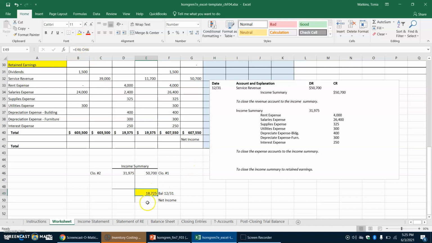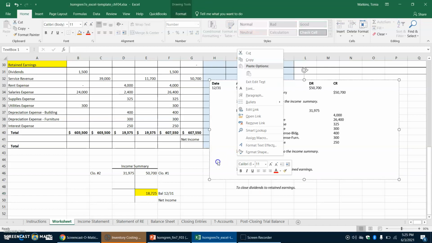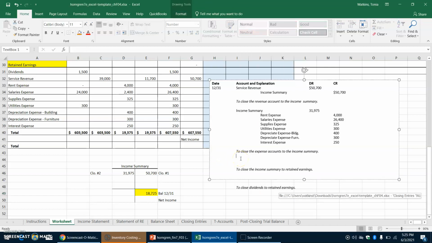So notice it has a credit balance, and our step 3 in the closing process is to close that account, to close income summary to retained earnings. So that's what we're going to do in this next step, okay?